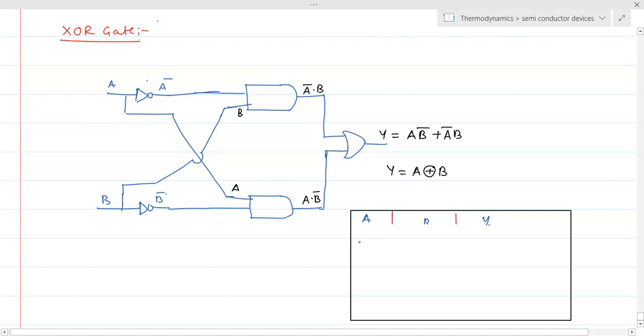Only in the truth table, the last step is different. The remaining things are similar to the OR gate.